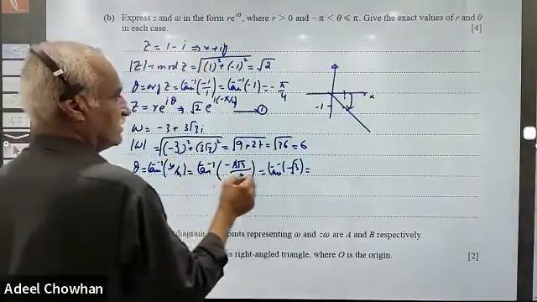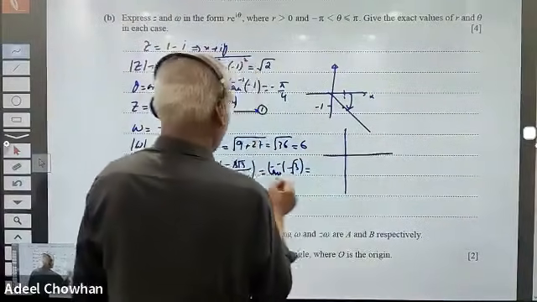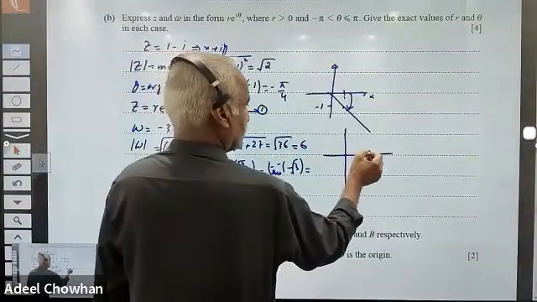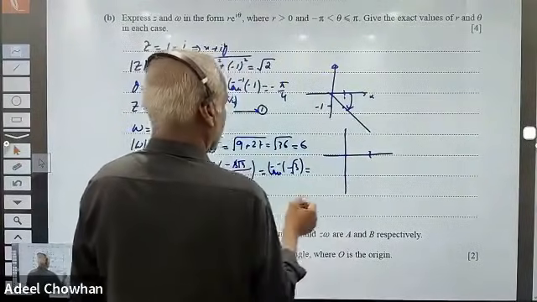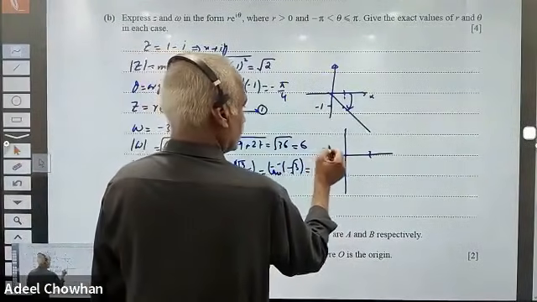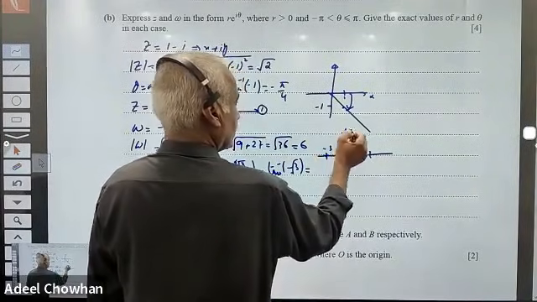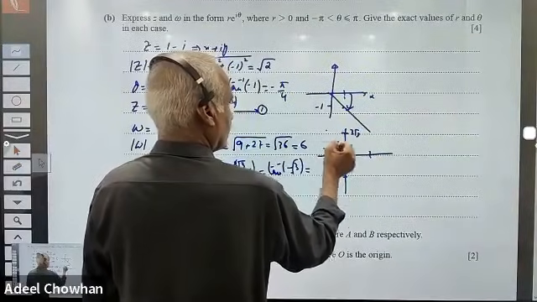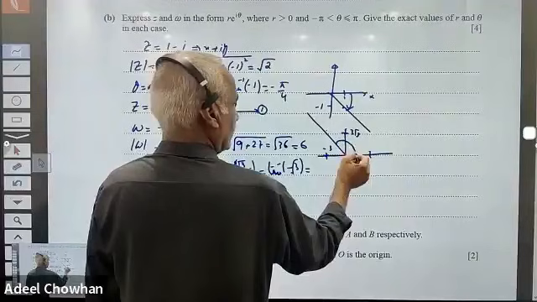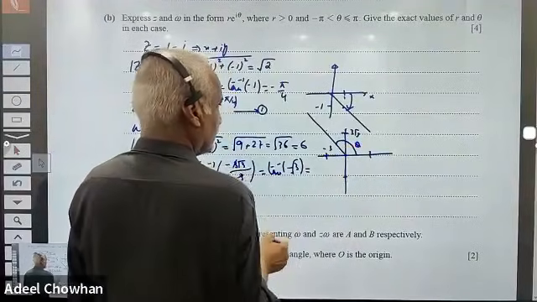And for this value, it is minus 3, this is the value, and 3 root 3 is this value. So this is the point. So this is the argument of this value there. So it is in the second quadrant.